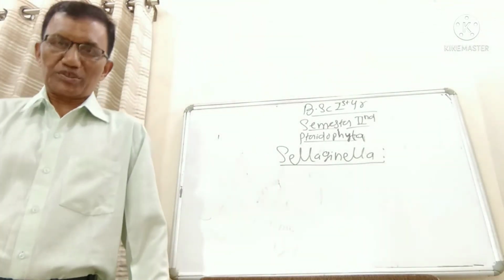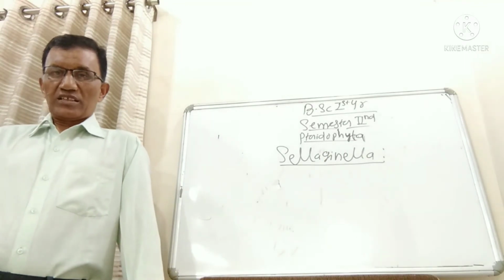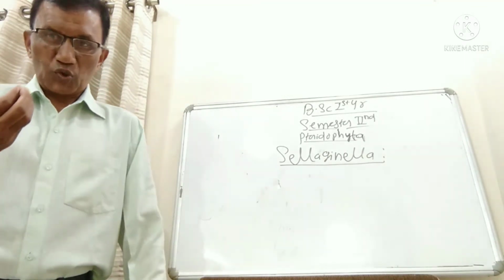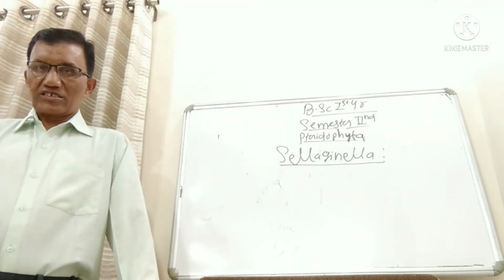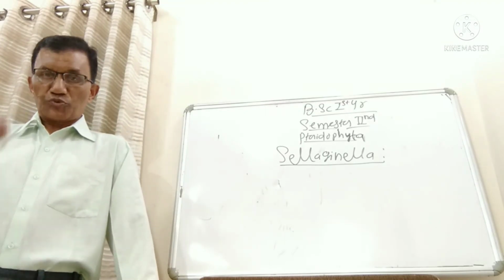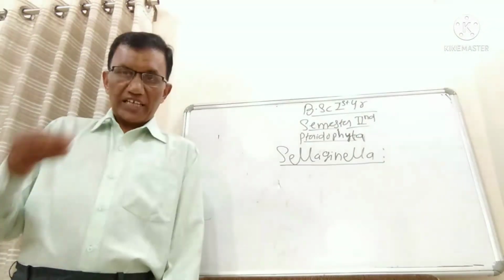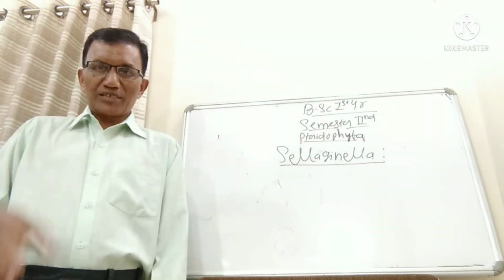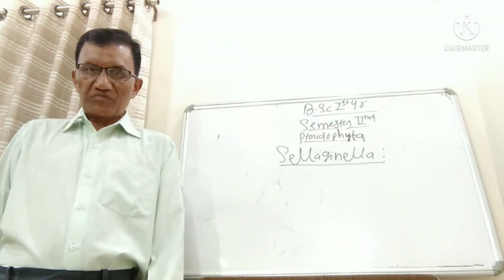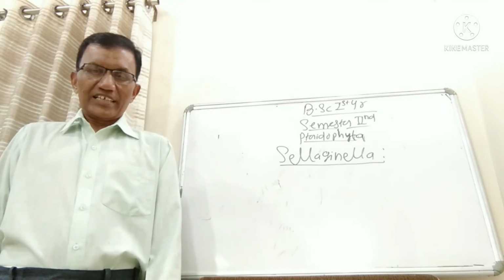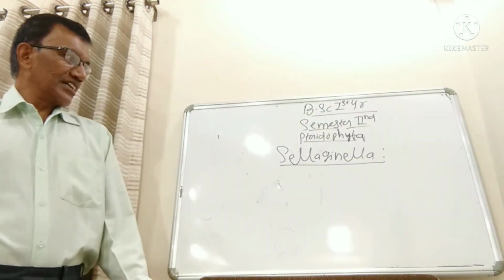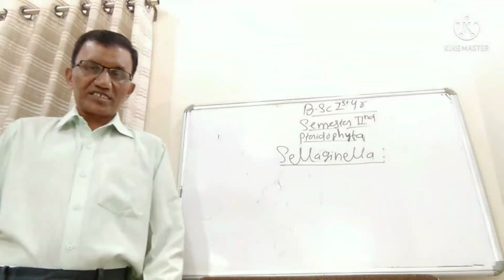Which are the xerophytic species of Selaginella? Then the strobilus, whether it is heterosporic in nature. Questions will be asked on the heterosporic nature. Then trabeculae, air chambers, and types of stele. So these are the important points.